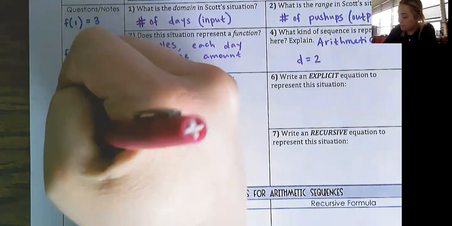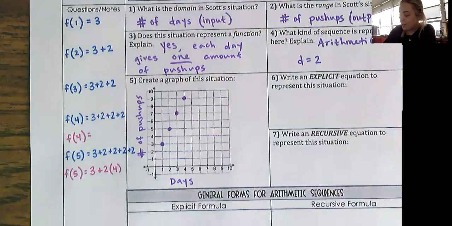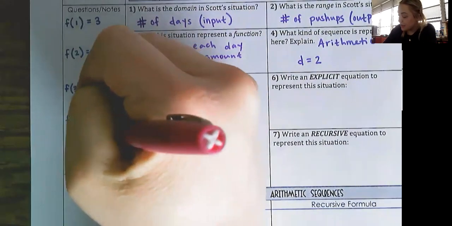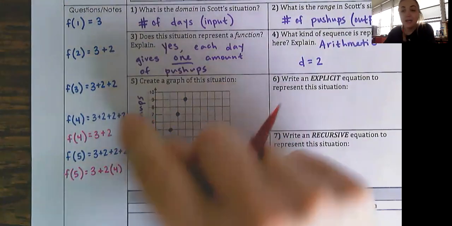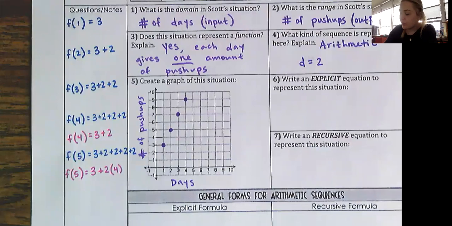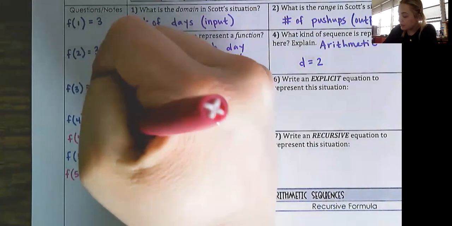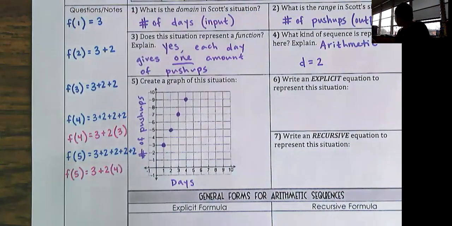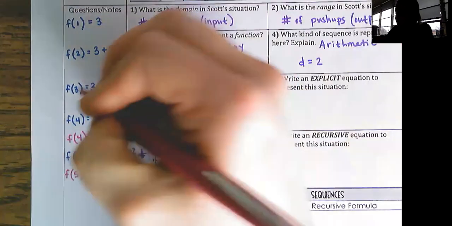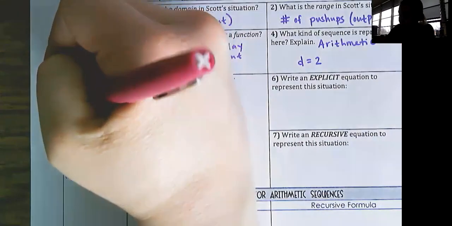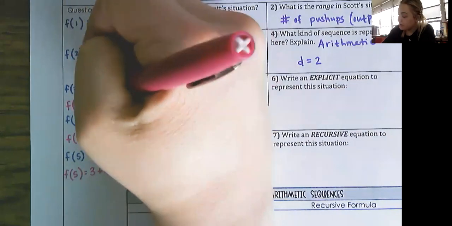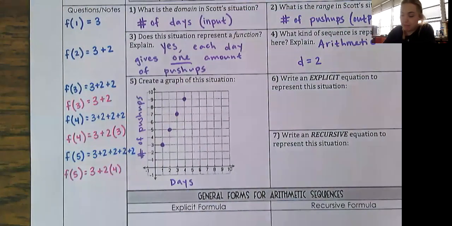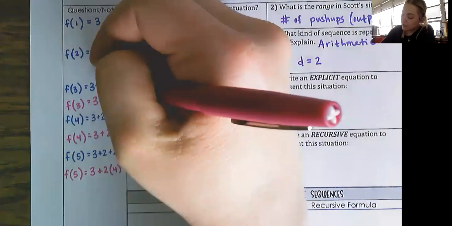Okay, let's go to the next one. How did f of 4 come to be? Well, we started with a 3, and then we added on 2 how many times? 1, 2, 3. So instead of saying 2 plus 2 plus 2, we can say 2 times 3. On the next one, f of 3 is equal to 3 plus 2, but instead of 3 times, it's now happening 1, 2 times.